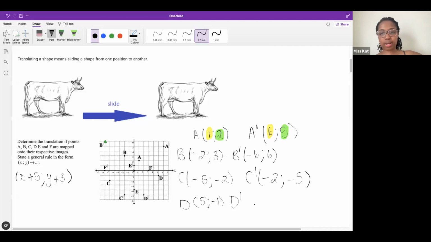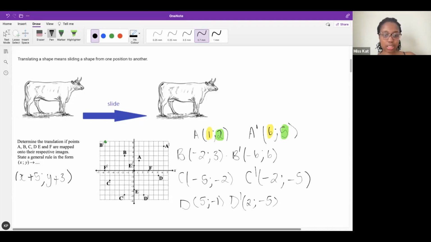What about D prime? 2 and, let's see, -5.